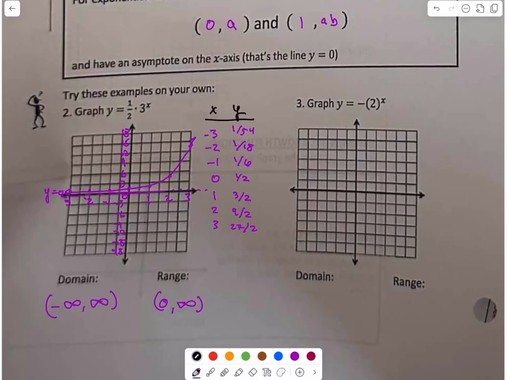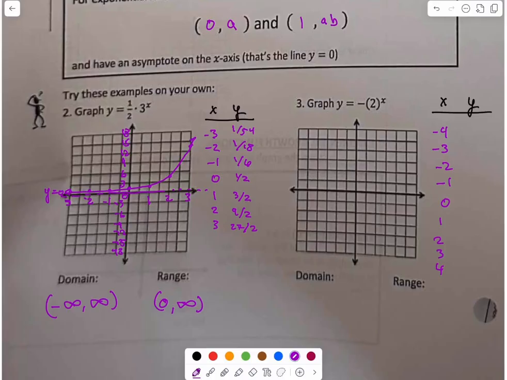So let's make a table, x versus y. We'll let x be negative 4, 3, 2, 1, 0, 1, 2, 3, 4.